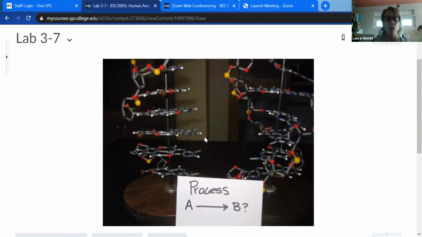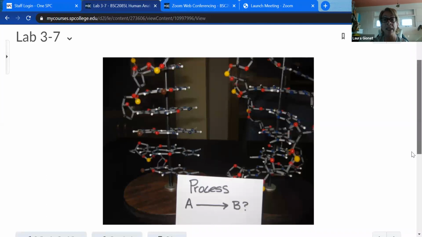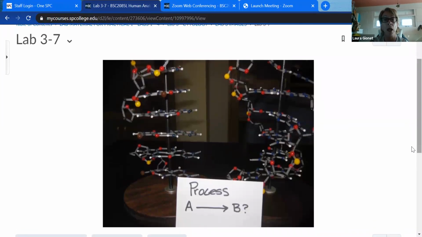Okay, so now we have the protein synthesis items. We just did that exercise that showed you what you would have if I started with DNA and ended with DNA, and then DNA to RNA. So this is DNA.